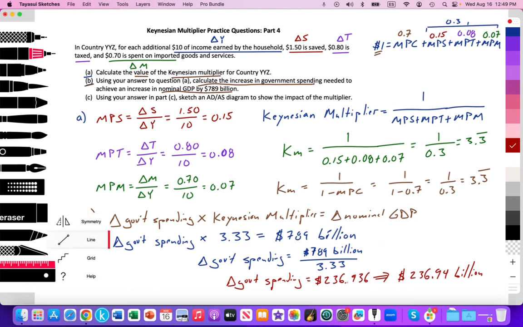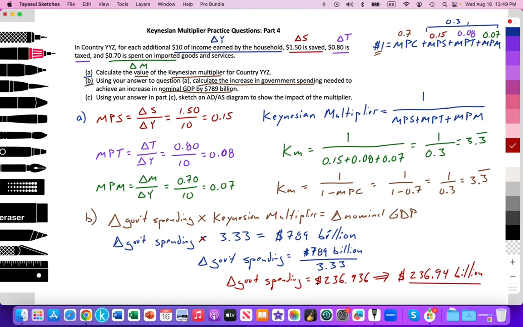So there's our final answer. The government will have to spend $236.94 billion. It's going to be multiplied by the Keynesian multiplier 3.33 times to achieve a total change in nominal GDP of $789 billion. Okay, and that's it.